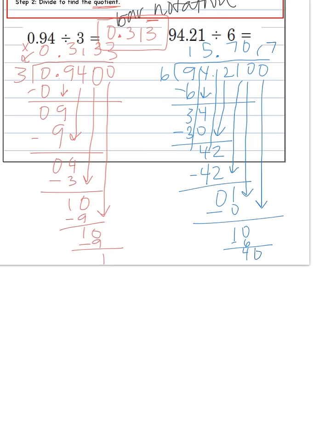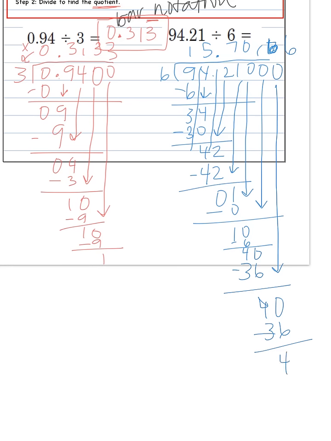It fits in there 6 times. 6 times 6 is 36. Again, add another 0 to drop down. 6 fits into 40 6 times. And if you notice, we are back to repeating.